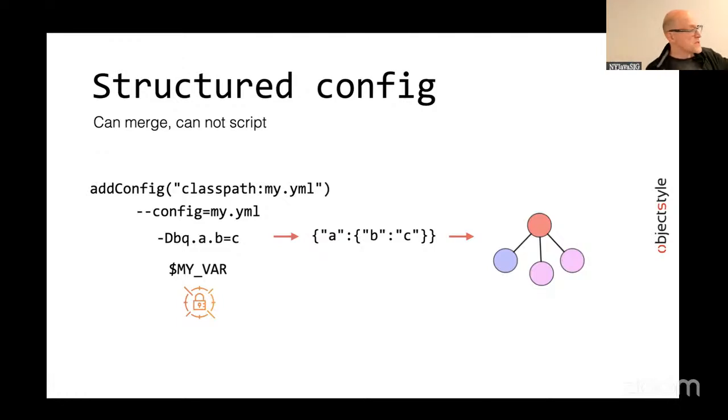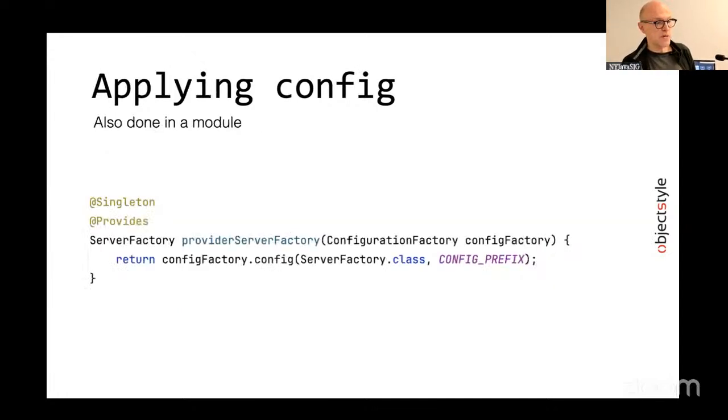And on the right-hand side is an object tree. Essentially, I'll show you in a moment, from this big configuration tree, subtrees of that configuration map to objects. Here, for instance, is an example of how you do it in a module. It's also an example from Jetty. Server factory is a class that we want to create and populate with configuration values.